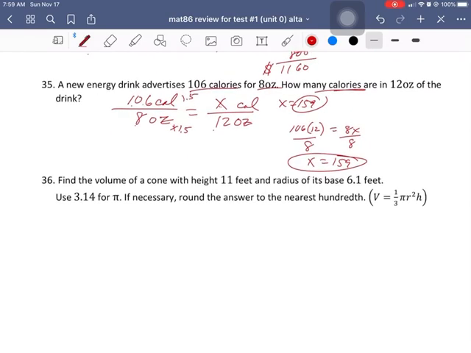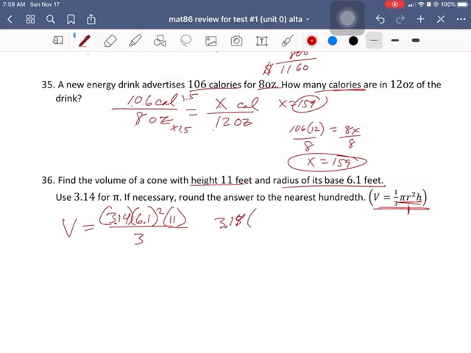Okay? Find the volume of a cone with a height of 11 feet and a radius here. Here's the formula. V equals, and I like to write these this way. There's a 3 on the bottom, and all this stuff is over 1. Okay, so I write that at the top. And order of operations takes over there. You must find out what 6.1 squared is first.